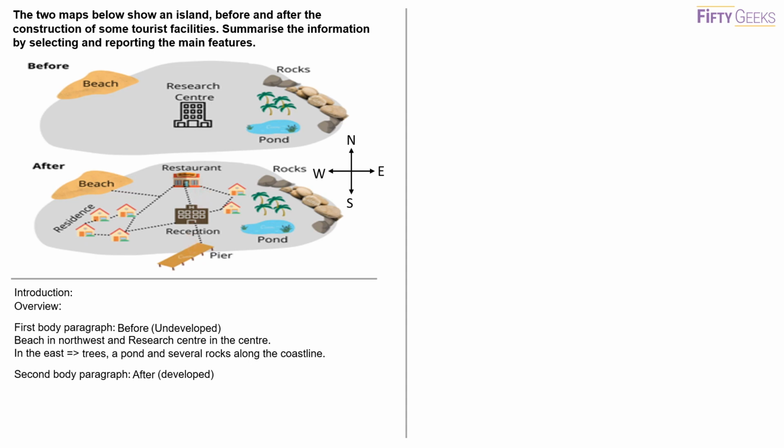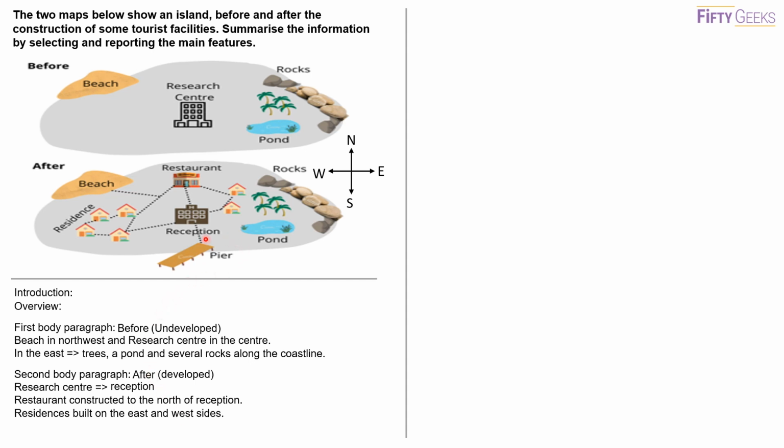I will write, the research center has been replaced with the reception and a new restaurant was constructed to the north of the reception. Then I can see several residences were built on the east and west sides. I will write, many residences were built on the east and west sides.